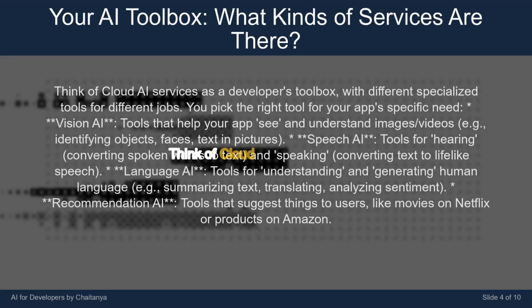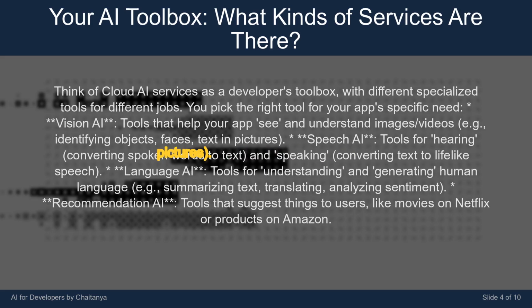Think of cloud AI services as a developer's toolbox, with different specialized tools for different jobs. You pick the right tool for your app's specific need. Vision AI: tools that help your app see and understand images and videos, e.g., identifying objects, faces, text in pictures.